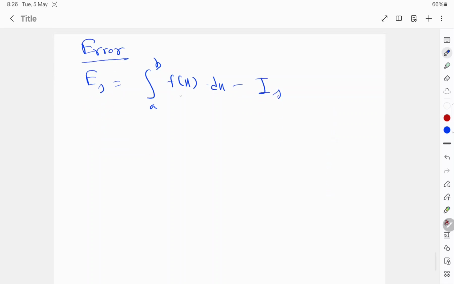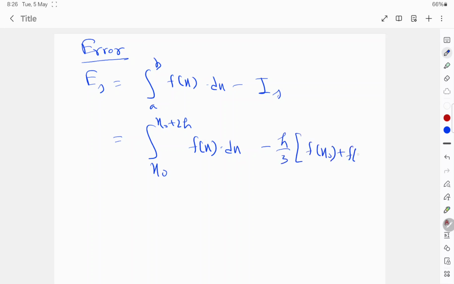Now here basically this is x0 to x0 plus 2h of f(x) dx, because this is 3-point quadrature, n equal to 2, and you already got f of x0 plus 4 f of x0 plus h plus f of x0 plus 2h.